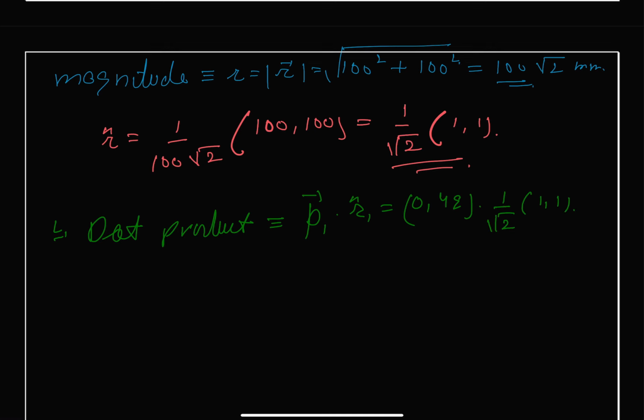Obviously this first is the x and this is y, and this is also x and this is also y coordinate, respectively i and j. Therefore, the dot product will be equal to 1 upon square root of 2 times (0 plus 4q), giving us 4q over square root of 2.